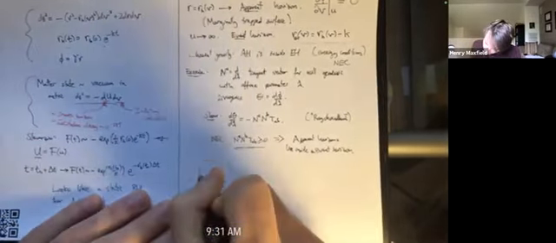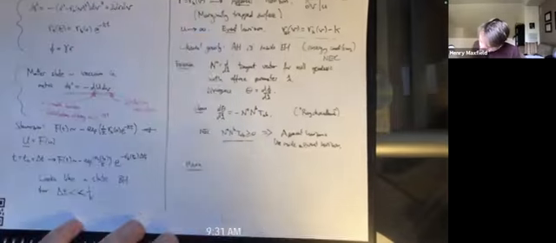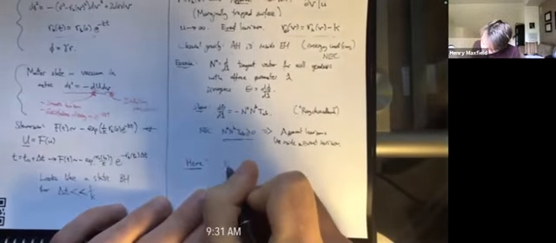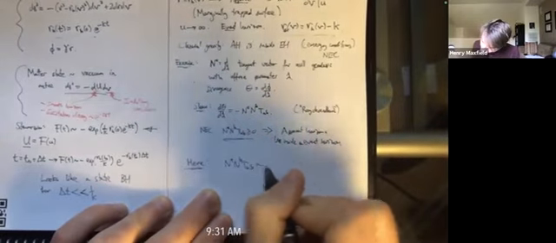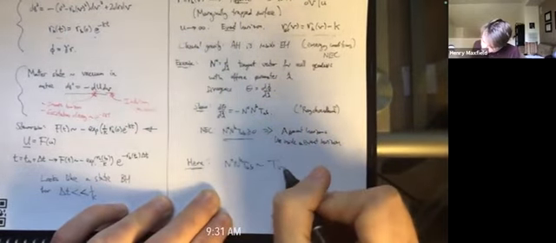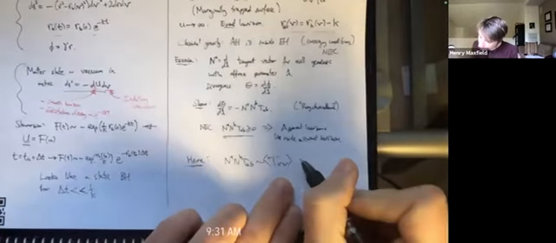But here, of course, this is violated. Our apparent horizon is outside the event horizon. And in fact, this for us is going to go something like an expectation value of T_VV, and this is going to be negative at the horizon.